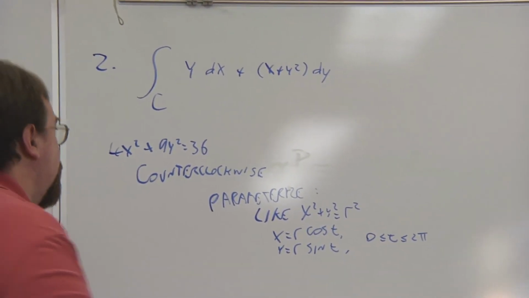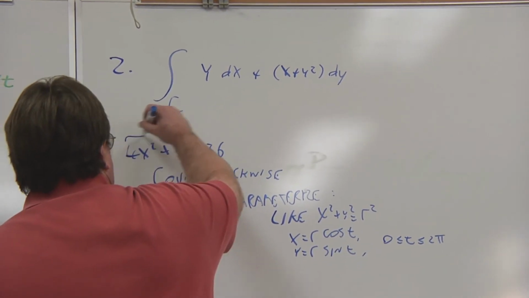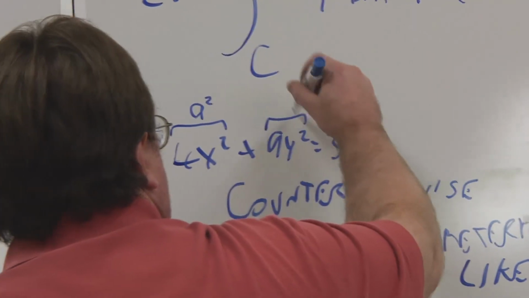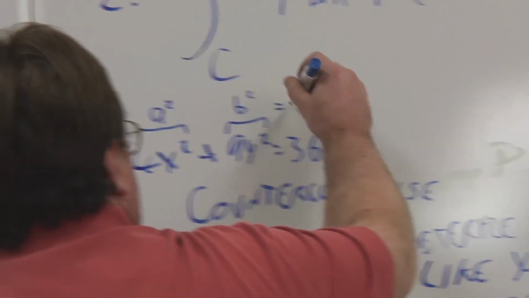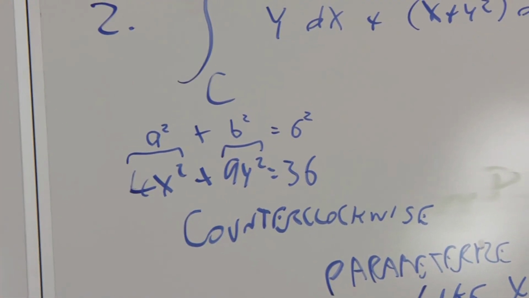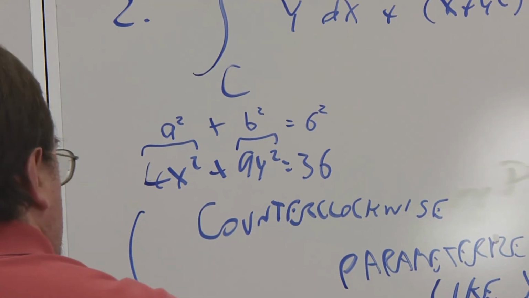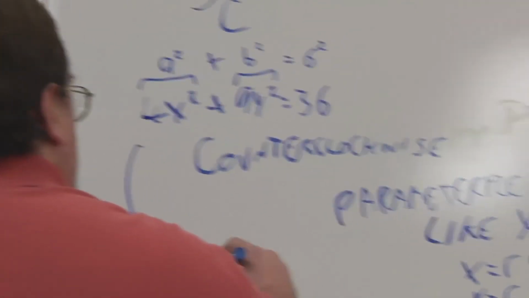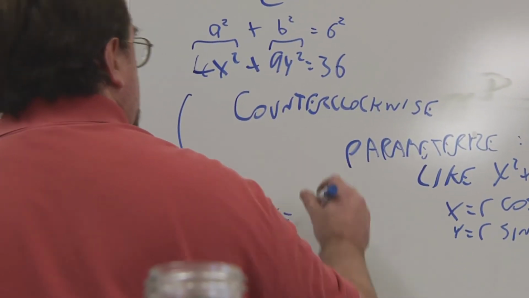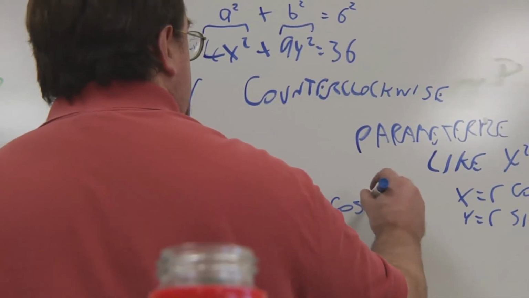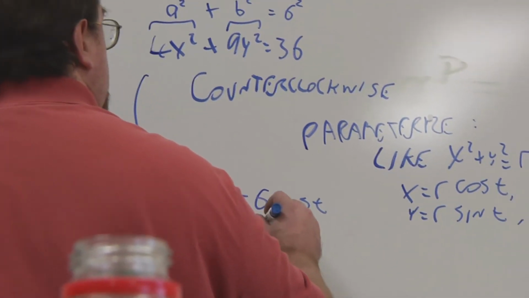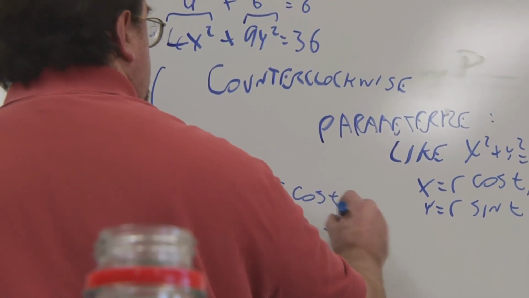So for instance, we can call this a squared, and this b squared, which is equal to 6 squared. So you can think of a, which is equal to 2x, as also equal to 6 cosine t. And b, which is 3y, is equal to 6 sine t.